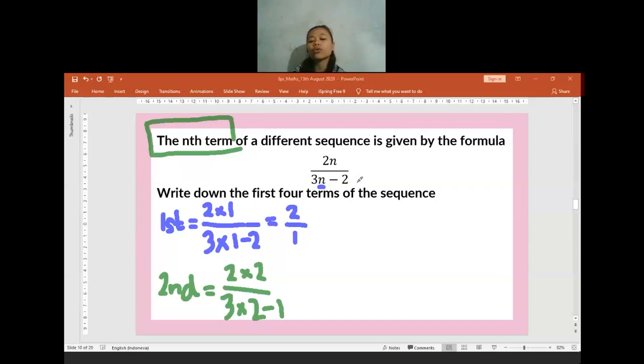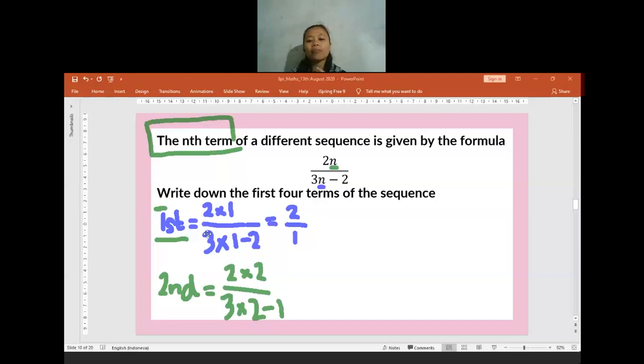So later if you are going to find the first term or second term or fourth term or any term, you just need to replace the letter n with the position of the term that you are going to find out. Because this is the first term, the n will be replaced with number 1. 2n means 2 times n, so it will be 2 times 1.